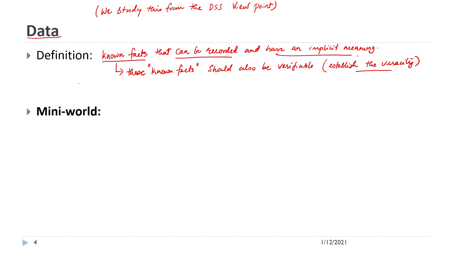If you talk about known facts that can be recorded and have an implicit meaning, then there is a word that we need to consider as part of data, called mini world. So, what do we define as the mini world?